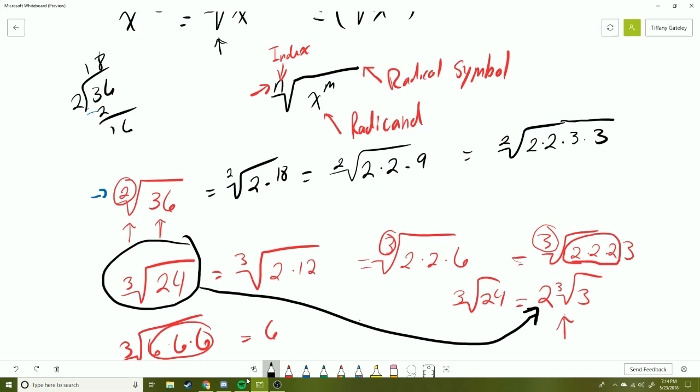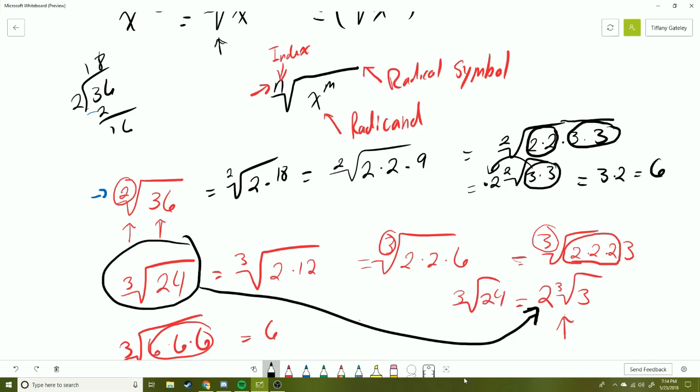Well, now we have two numbers that pair up, so you have a 2 and a 3. So you pull out your 2 first, or your 3 first, it really doesn't matter. So 2 square root of 3 times 3. When you pull out the 3, you're going to multiply that by the 2. So that equals 3 times 2, which equals 6.